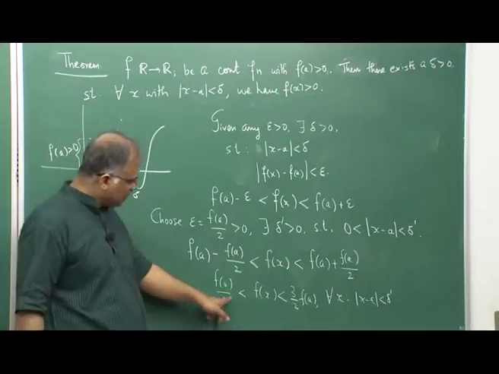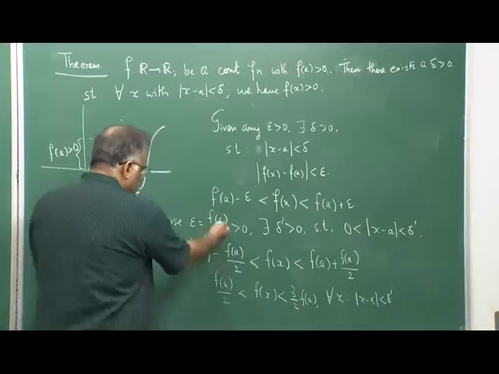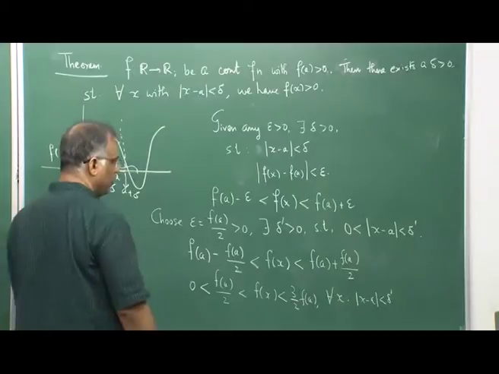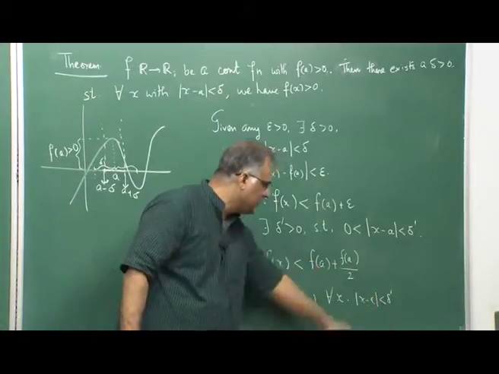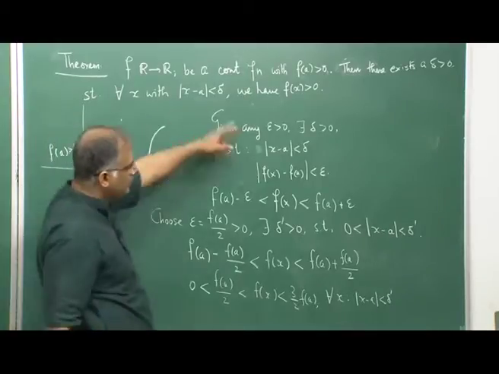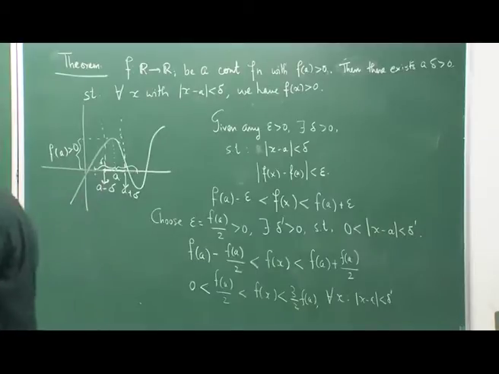Now, this means, but f(a) is strictly bigger than 0, f(a), so this is epsilon, this is nothing but the epsilon. So, this is strictly bigger than 0. So, for every x here which satisfies this, I have this. So, my required delta is this delta dash. Okay. So, f(x) remains positive within that neighborhood.